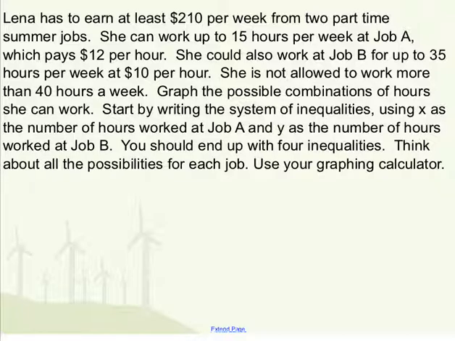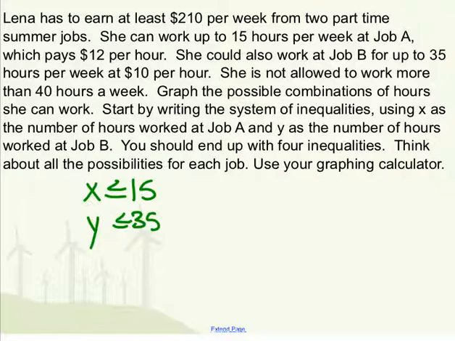We're going to have 4 different inequalities. First one, we need to make sure that she doesn't work more than 15 hours at job A. So her X number of hours needs to be less than or equal to 15. At job B, her Y hours can't be more than 35 hours. These are going to be a vertical line and a horizontal line.